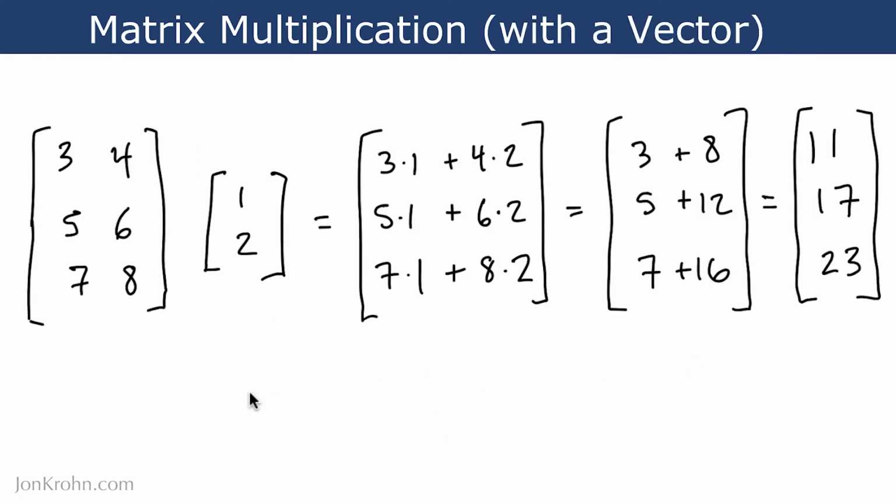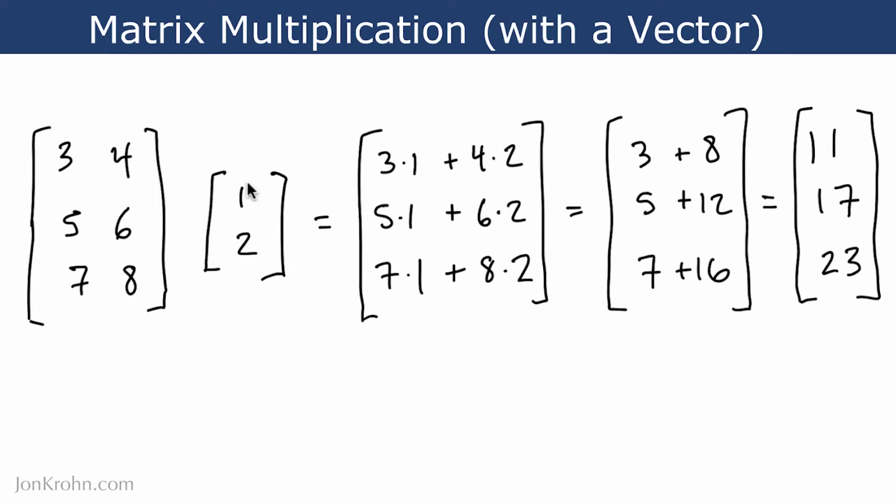It's easiest to understand matrix multiplication if we do it first where one of those matrices is actually a vector. A vector, you could think of as a matrix with one column or with one row. In this case, we'll do one column. So do these two matrices meet the criteria for being able to perform matrix multiplication?